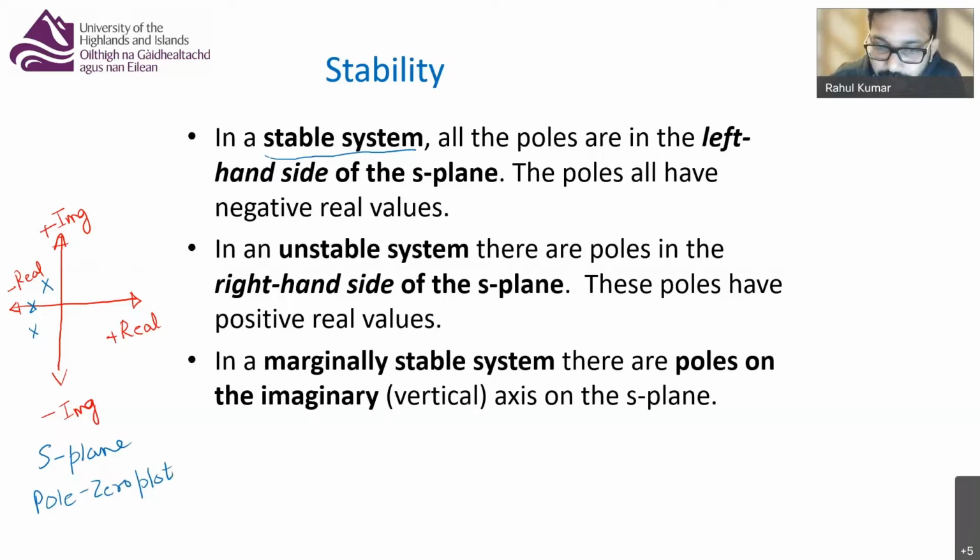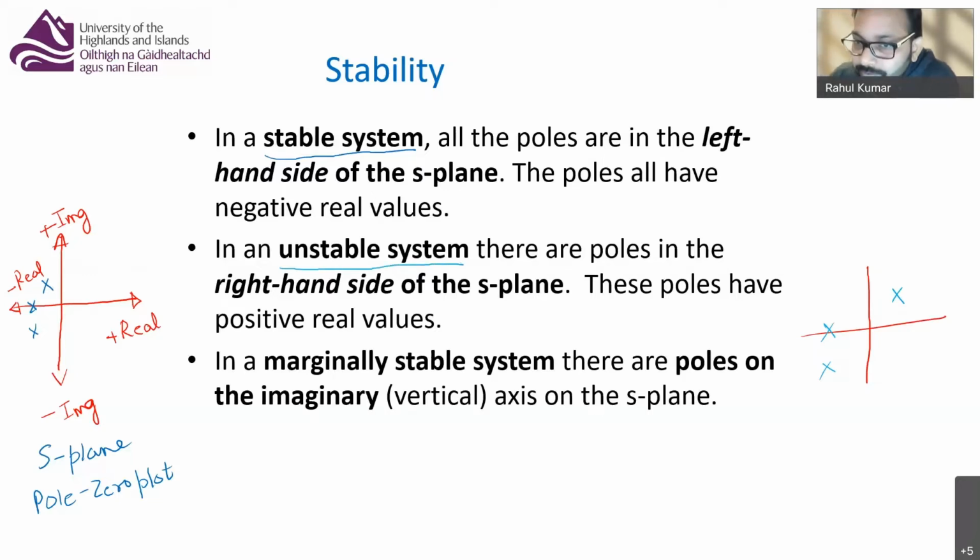However, let's say we have 3 poles here, which I have marked by a blue cross. If any one of these poles moves onto the right hand side, while all the other poles are here, just one pole moved to the right hand side, then my system will become unstable.